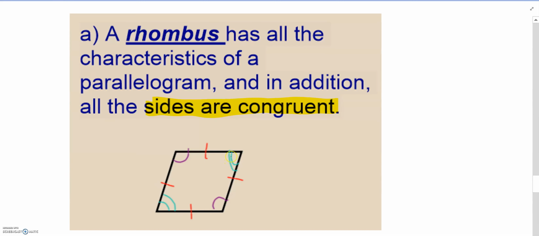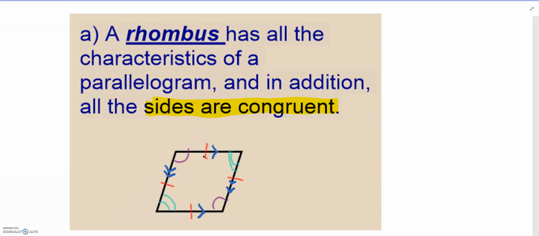These blue angles are congruent. And the 1 tick mark on every side shows us that all 4 sides have the same measurement. We also know that opposite sides are parallel, so we can put our arrows in. So a rhombus is just like a parallelogram, only all the sides are congruent.